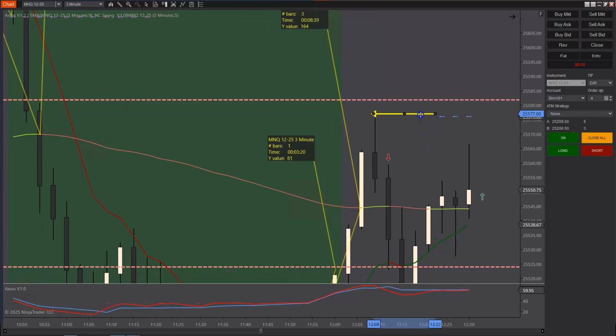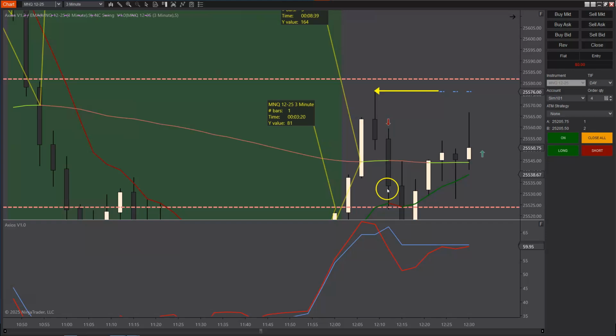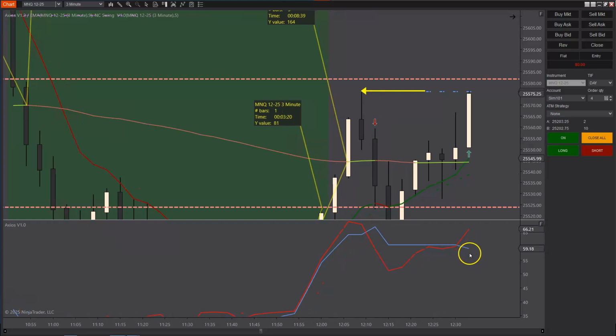I'm looking at this swing here, and I'm looking at the Axios arrow, Axios lines here. When these lines cross, that's what creates the green arrow or the red arrow. See, it crosses here, then we get a red arrow, and at the close of this candle, we're like, oh, it's about to cross. And then, bam, we cross right here.